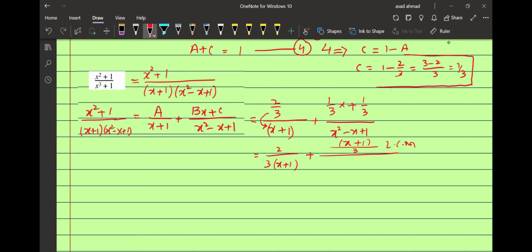This is in the numerator, and the denominator is as it is, no change at all in the denominator. In the next step, we will shift 3 below, and the final answer will become 2 over 3 times x plus 1, divided by 3 times x square minus x plus 1.